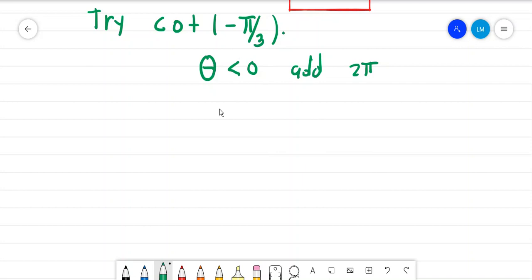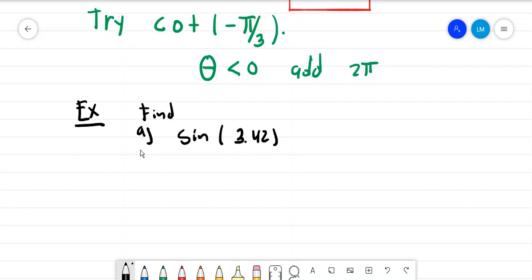Okay, now the other thing that you'll need to look at is approximating trigonometric function values when dealing with radians. So you may be asked to find, for example, sine of 3.42.